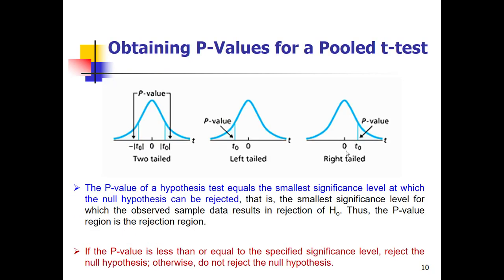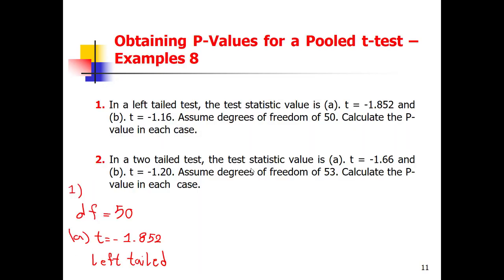So the left tail is somewhere here. This is my figure, left tail. This is my 0. This is the value that I have, minus 1.852. Since it is left, I have to find this area here. This area gives me my p-value.